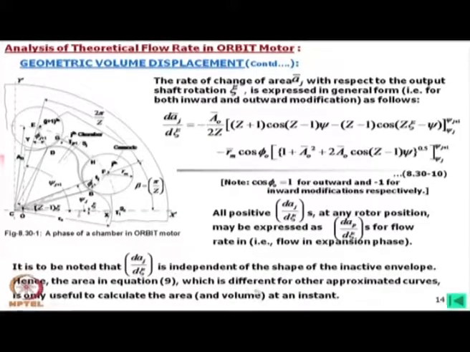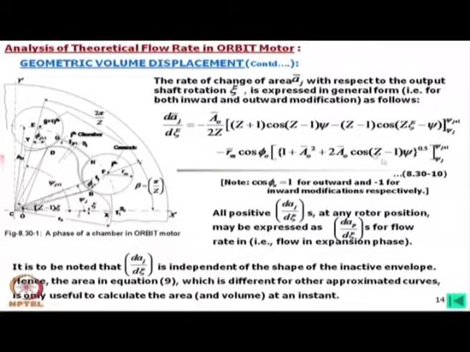Anyway, our purpose is to find out the swept volume. So, it is to be noted that this rate of change of area is independent of the shape of the inactive envelope. Maybe suppose this is the contact point up to this. So, this portion is active, and this circular arc and this circular arc are all inactive.